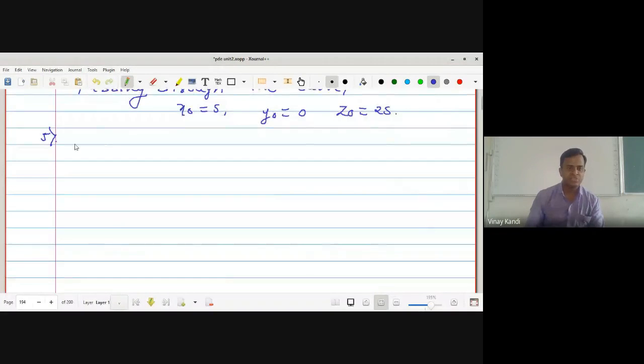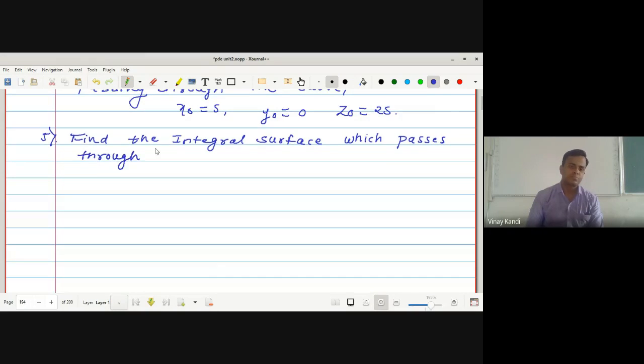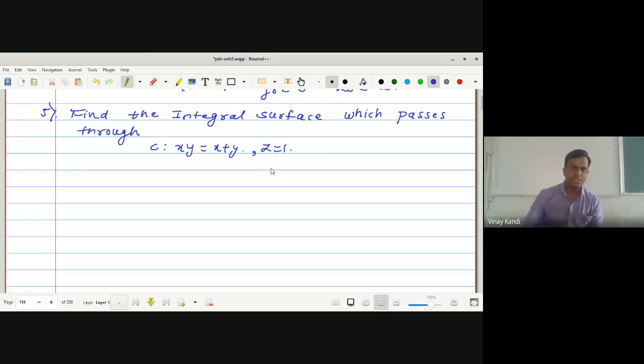Find the integral surface which passes through the curve given by xy = x + y and z = 1, where the given partial differential equation is x square p plus y square q plus z square equals 0.